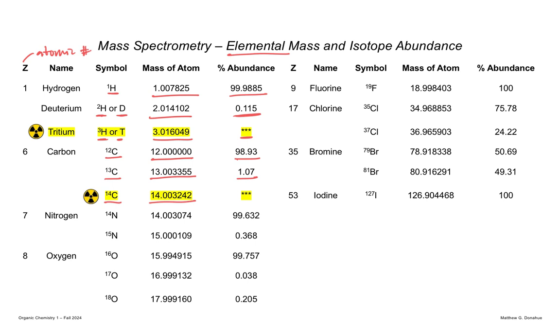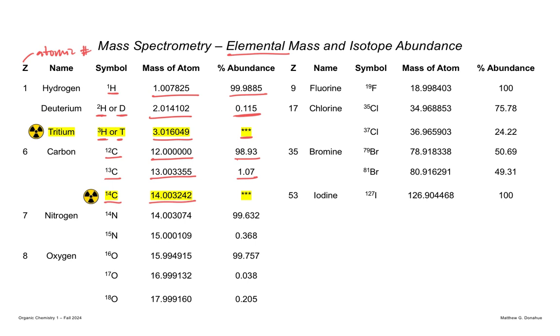That 1% of carbon is going to be really important to us because we're going to revise that exercise we did at the start of the lecture. We just plugged in 12 to figure out the maximum number of carbons.